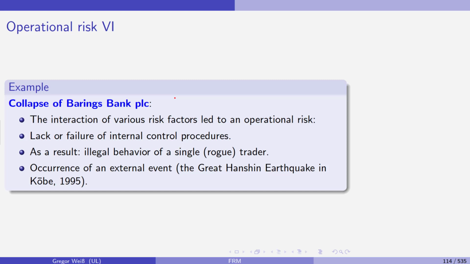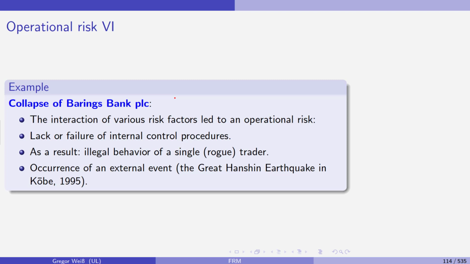Remember what happened? You had a single rogue trader who kept two different accounts, one for profits and one for losses. And what happened is that the rogue trader wasn't checked. There were no internal control procedures, no processes in place, no limit systems that checked the illegal behavior of this rogue trader. So first of all, inadequacy or failure of internal procedures. Second, as a result, you had illegal behavior of a single employee, of a rogue trader.